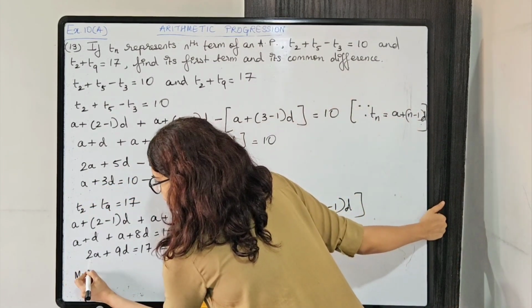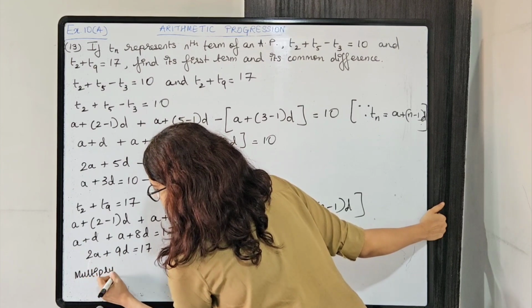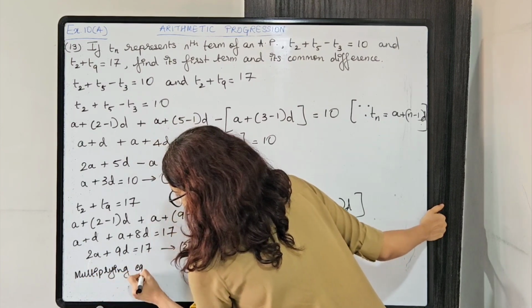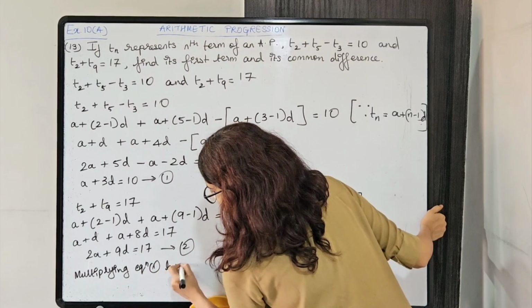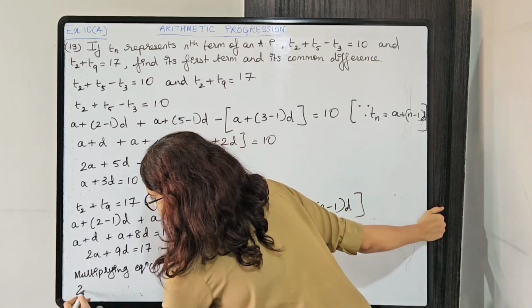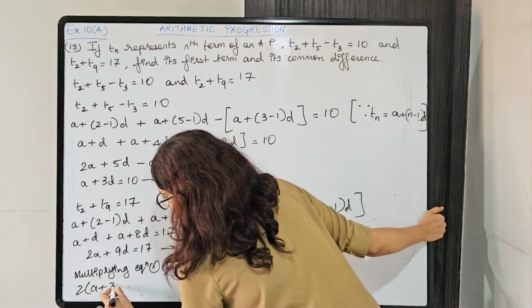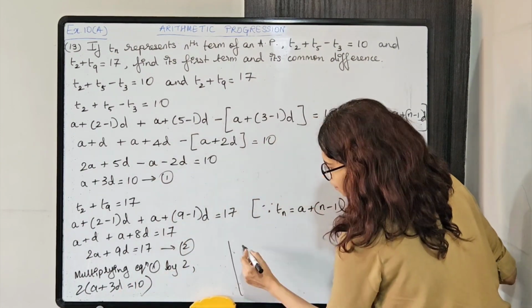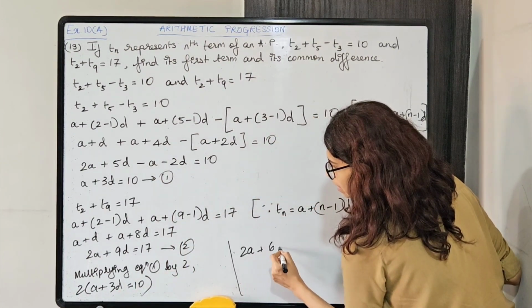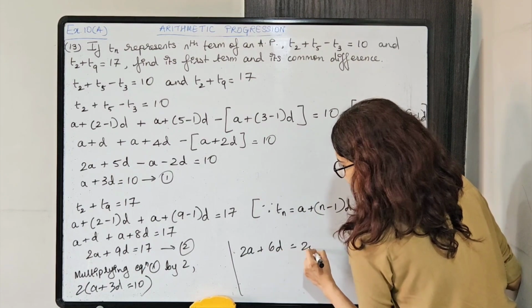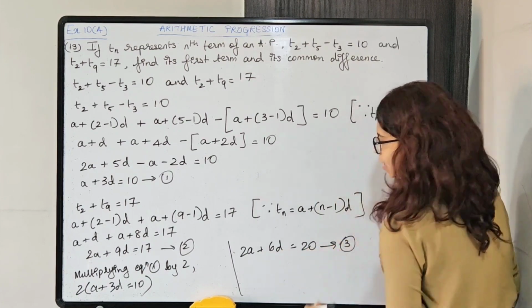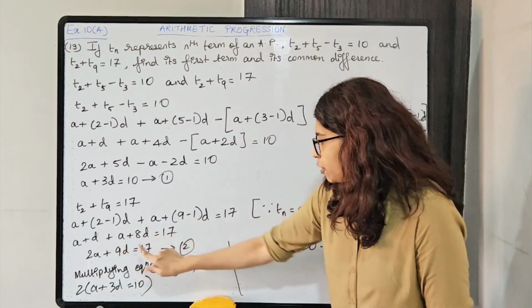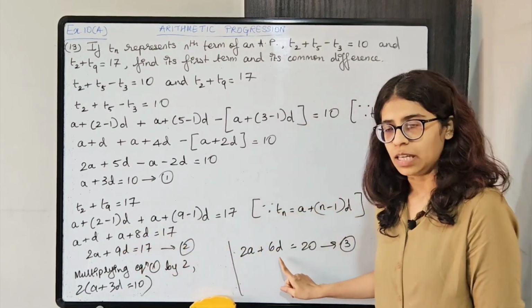So multiplying equation 1 by 2, that will give 2 into A plus 3D is equal to 10. That will be 2A plus 6D is equal to 20. Mark this as 3.